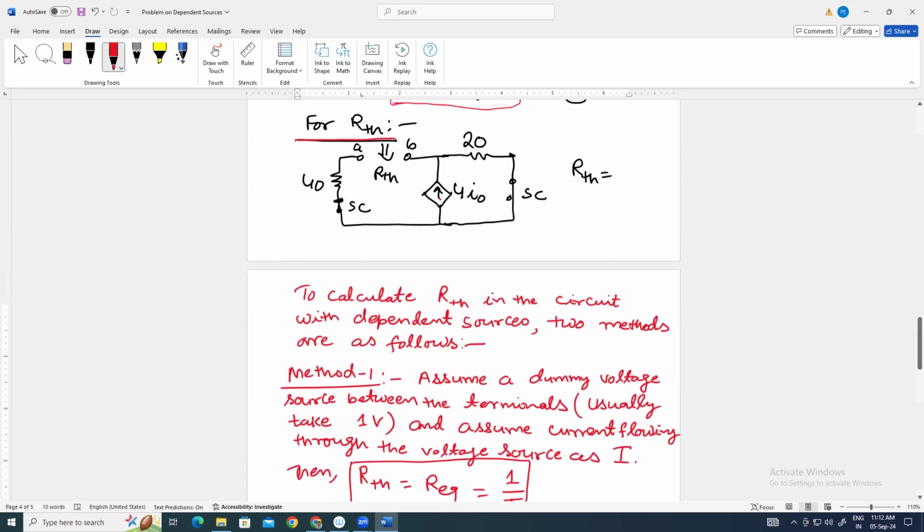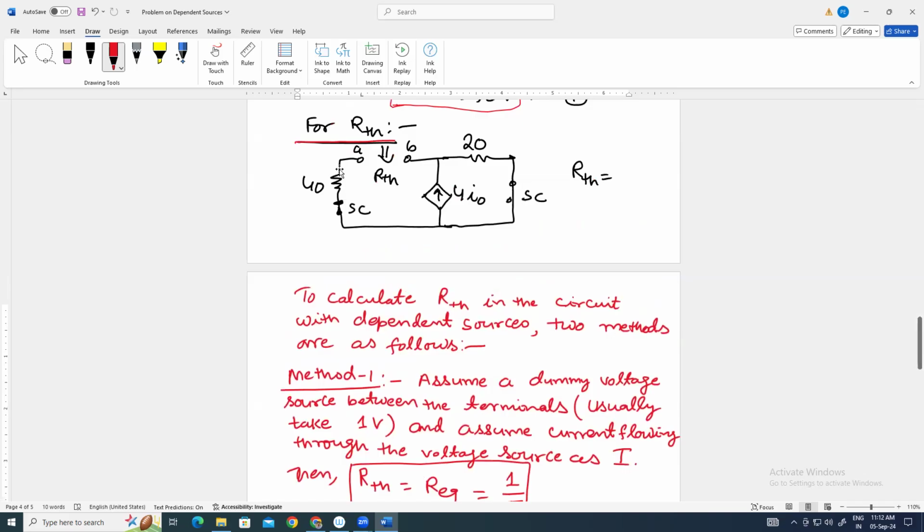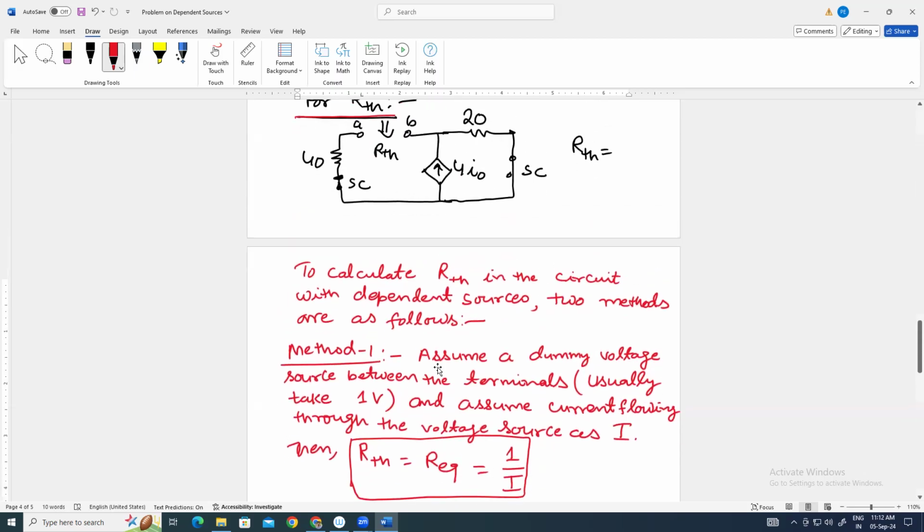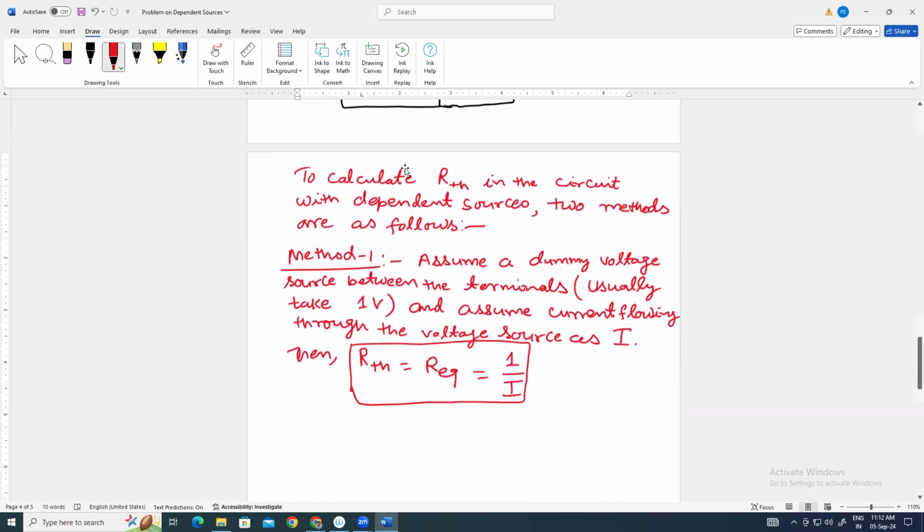So in the first procedure, you have to assume a dummy voltage source between these two terminals so that there will be one driving source in the circuit. So 1 volt if we have assumed, and the current flowing through this voltage source is I, capital I. So voltage upon current will give us the equivalent resistance. So based on this assumption we can calculate the value of RTH.